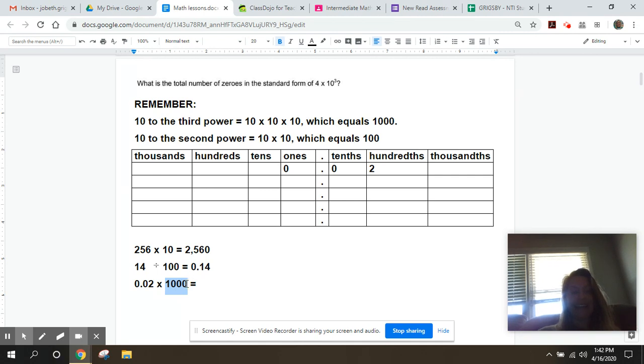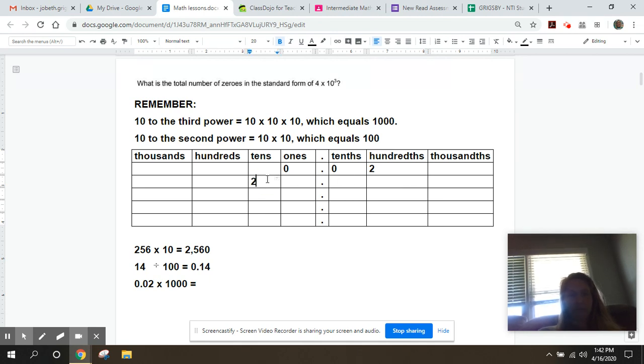Because 10 times 10 times 10 equals 1,000, so that's 3 powers of 10. And remember, we're multiplying by a number greater than 1, so our answer is going to become greater. So we are going to shift these digits 3 place values because we're multiplying by 3 powers of 10. So this 2, and actually I don't really have to shift the zeros because they'll have no value when they move. So I'm going to shift this 1, 2, 3.